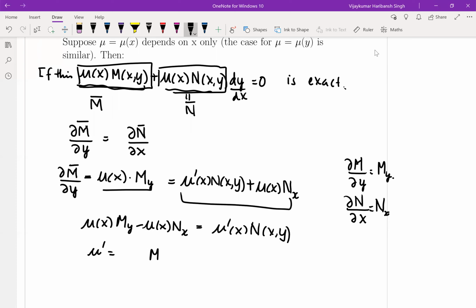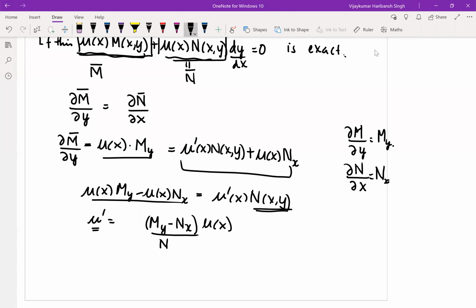So I'm going to take this and divide it on the other side. I get mu prime equals mu times (My minus Nx), taking mu of x common, divided by N of x,y. This side is a function of x only, because mu is a function of x, so mu prime and mu are functions of x only.